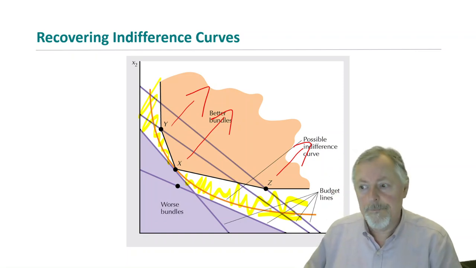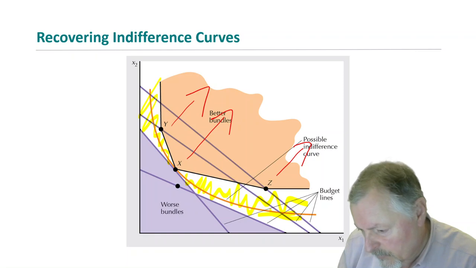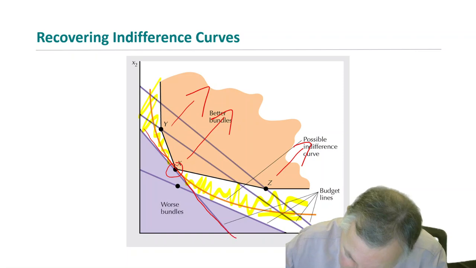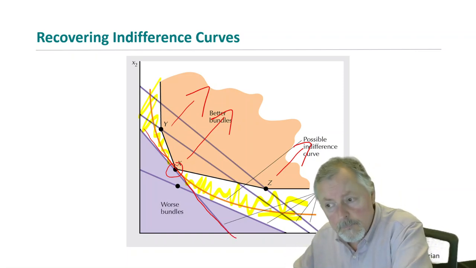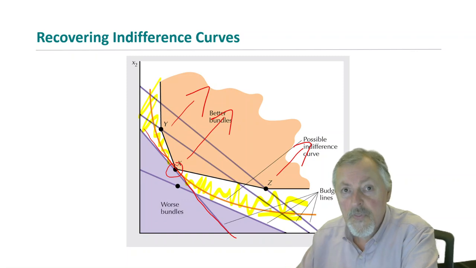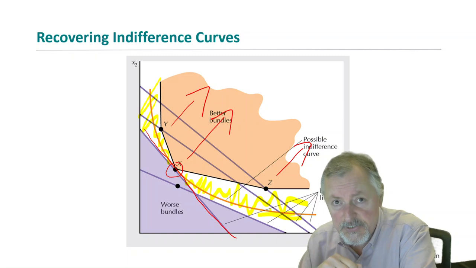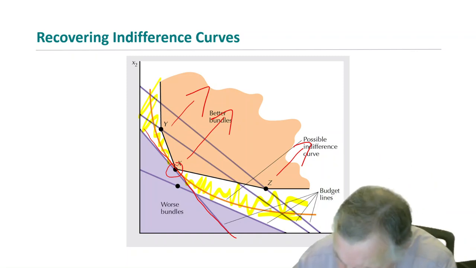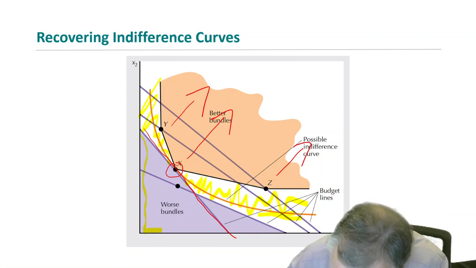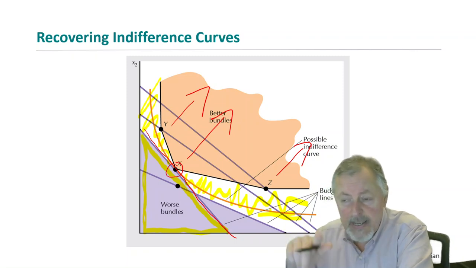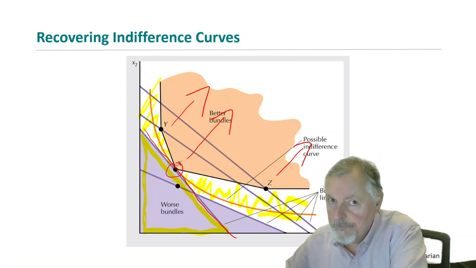We also know that this person, when they were on this budget line, chose bundle X. That means we know they prefer X over anything else in that budget set. That budget set is there. So we know that everything in that triangle is on a lower indifference curve. It has to be, because the person didn't pick them, and they could have.